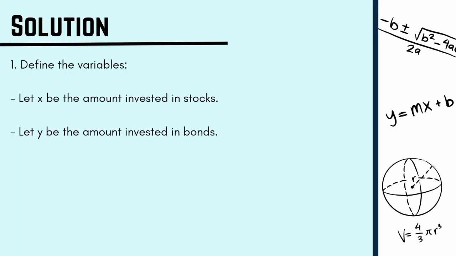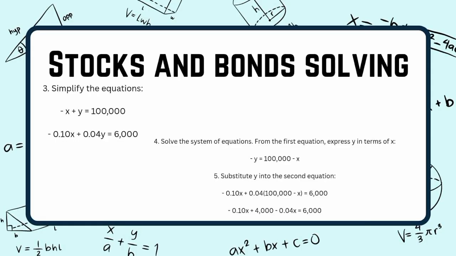So, let's proceed to our solution. First, define the variables. Let x be the amount invested in stocks, and let y be the amount invested in bonds. So, stocks and bonds formula solving.